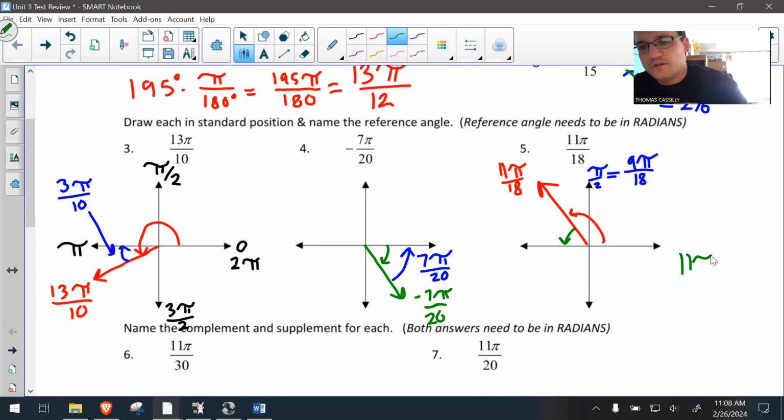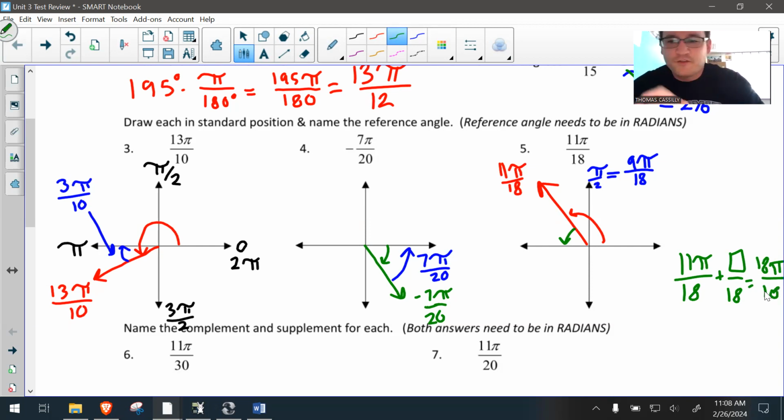So if you really wanted to math it out here, you got to think 11 pi plus what gives us 18 pi over 18. Right? And the answer there is going to be 7, right? So this is 7 pi over 18. And so that is our reference angle.